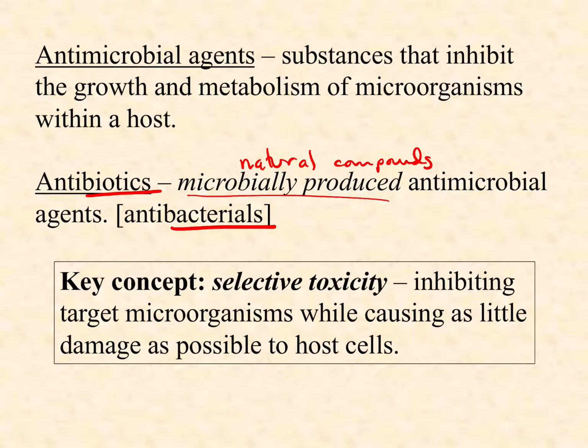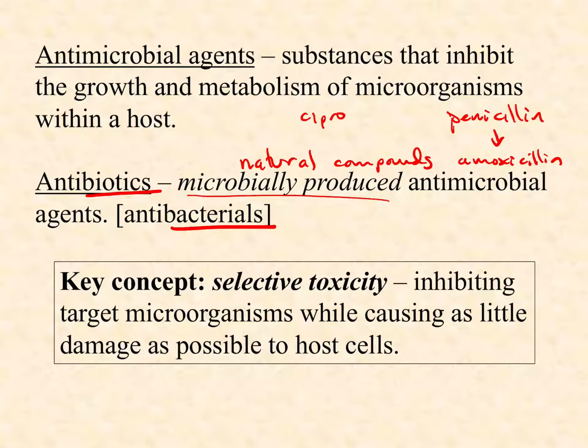They can be semi-synthetic, meaning that we took a natural compound like penicillin and we modified it in the laboratory, and now we have amoxicillin, right? We would still call amoxicillin an antibiotic, even though it's not fully natural. And then there's some completely synthetic antibiotics as well, like Cipro, for example, and we would consider that to be an antibiotic as well, even though it's fully synthetic.